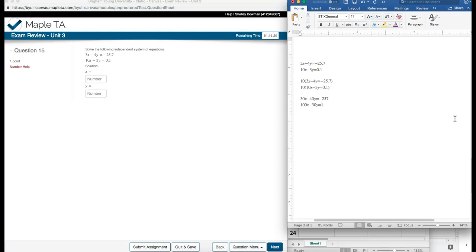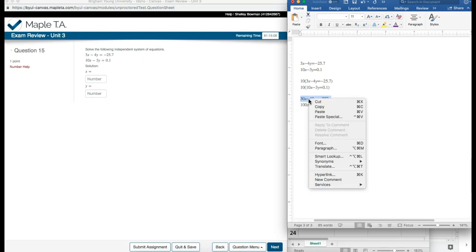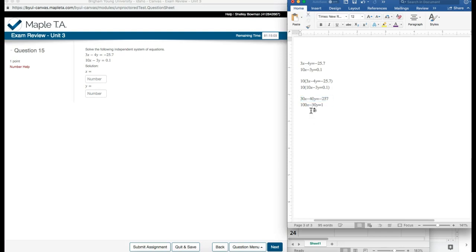Okay, so now I can do substitution, or I can go through elimination as well. Let's see. I'm going to take this first one and we'll solve for x and keep it in fraction form, because now that I have this all worked out, I will end up dividing by something over here.